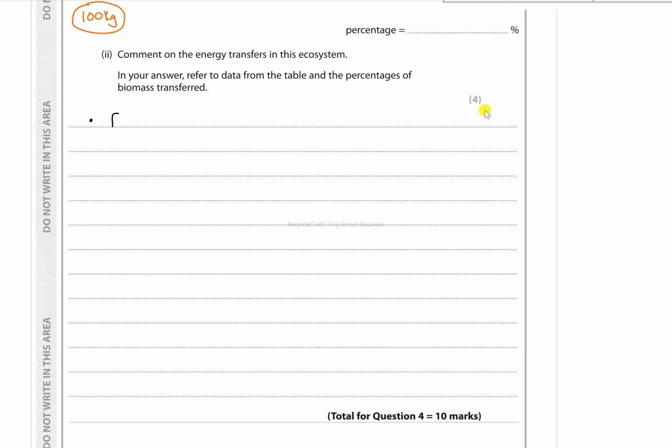Right. First of all, this is what they've said. There are fewer organisms on top. So less biomass.